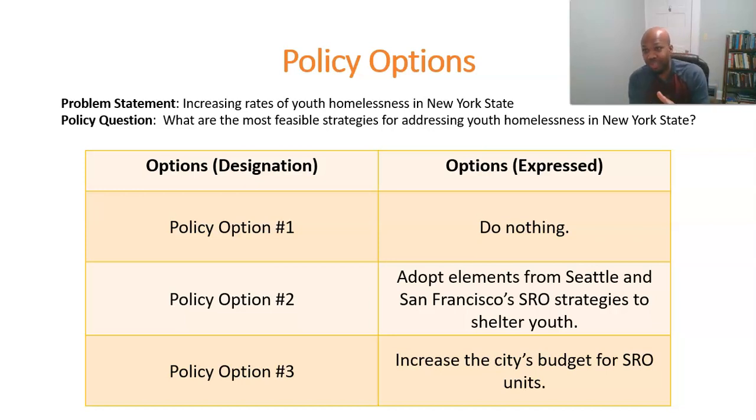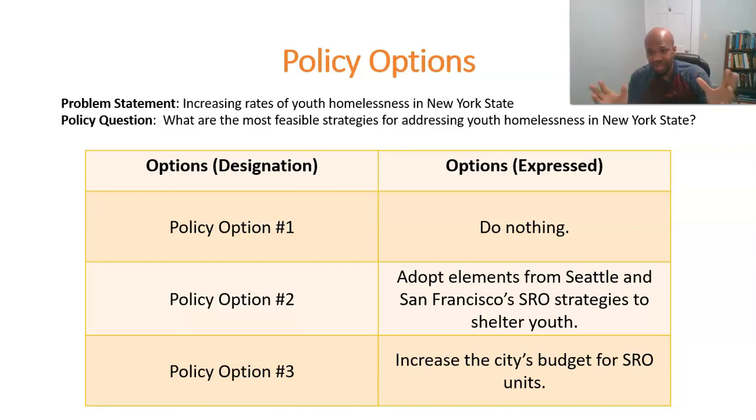So in your term paper, hint, hint, your first policy option is to have no change at all, stasis. Don't do anything. Because that tells you a little bit about the baseline that you would compare these other strategies to. So policy option 2 here says adopt elements from Seattle and San Francisco SRO strategies to shelter youth.